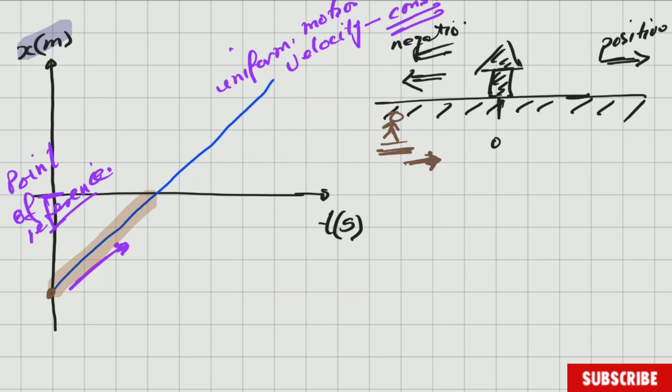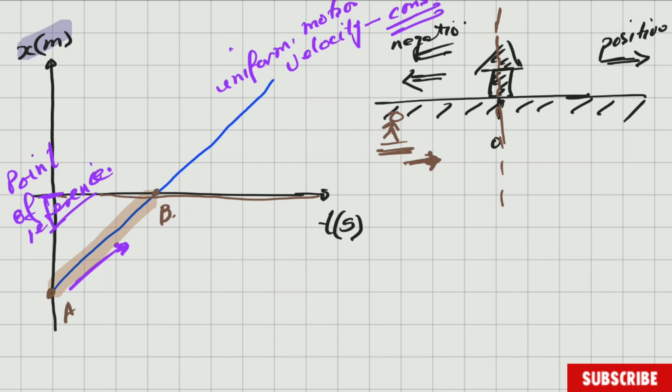So that person is approaching the point of reference. That is what is happening here as it goes from, let's say, A to B. From A to B, the object is moving towards the point of reference, which is the x-axis.